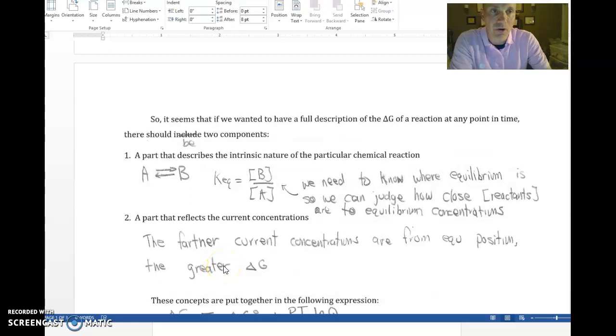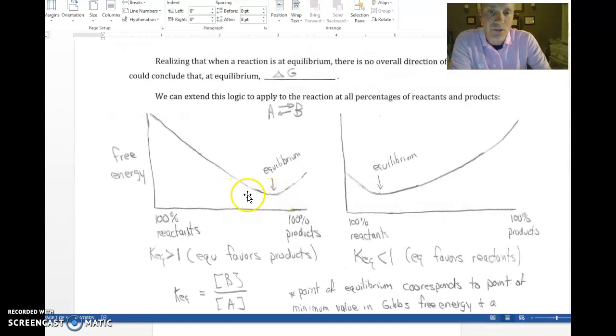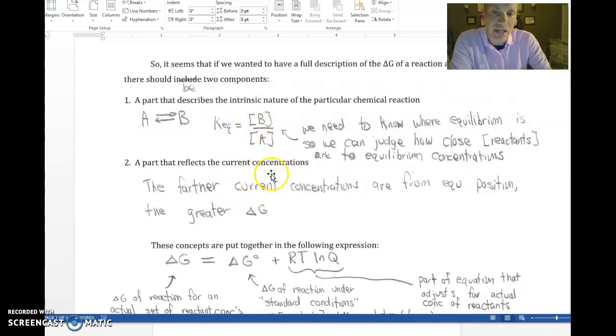If we are currently at the equilibrium position, there is going to be no delta G. Delta G is going to be equal to 0 in that case. But the farther we are away from that equilibrium position, the more potential delta G there is for that reaction. So we need an expression that captures both of these.